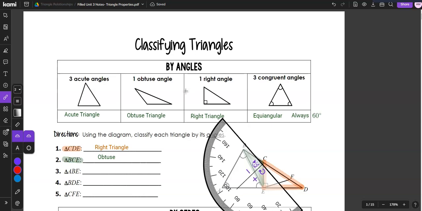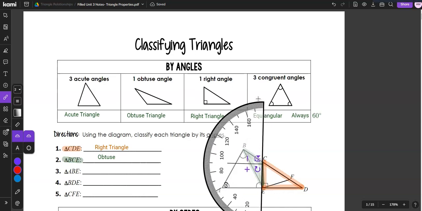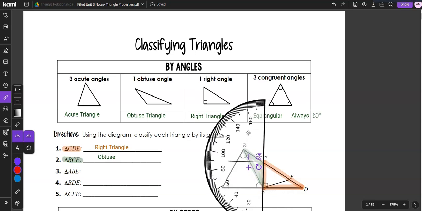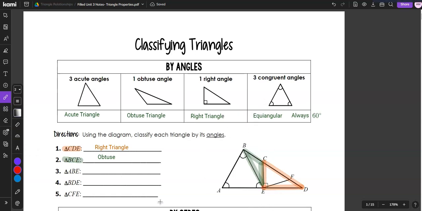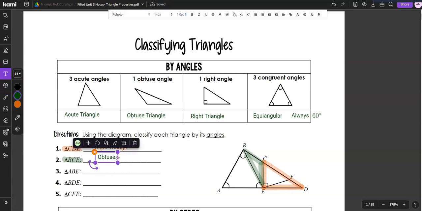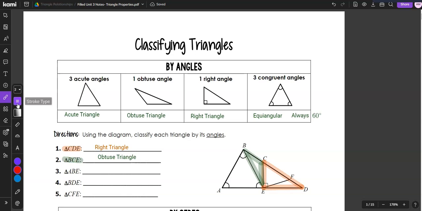All right. So one thing we can see is this line right here in the middle represents our 90 degrees. We can see that angle BCE exceeds 90 degrees and is therefore obtuse. All righty. Next on our list is triangle ABE.